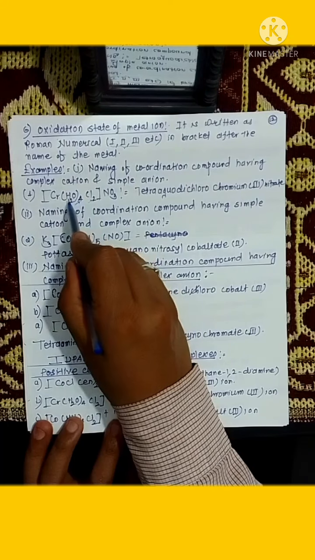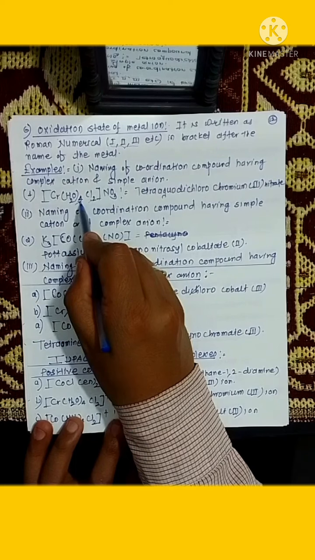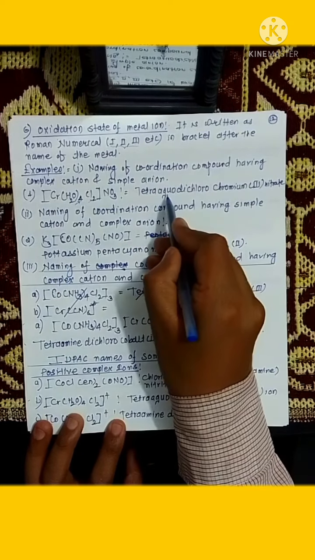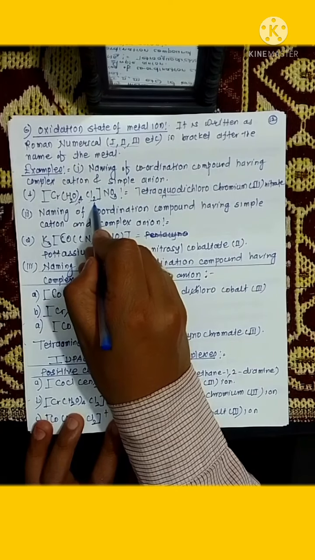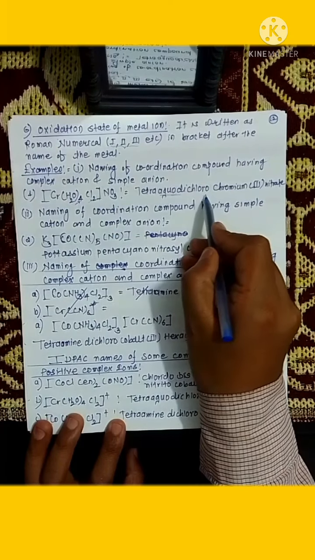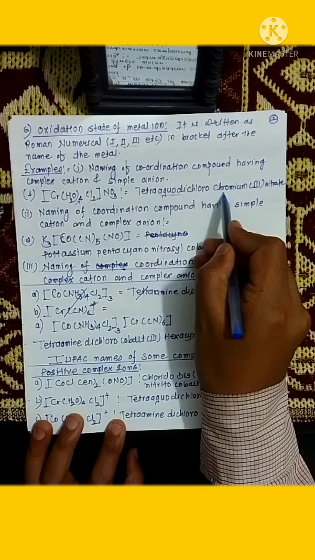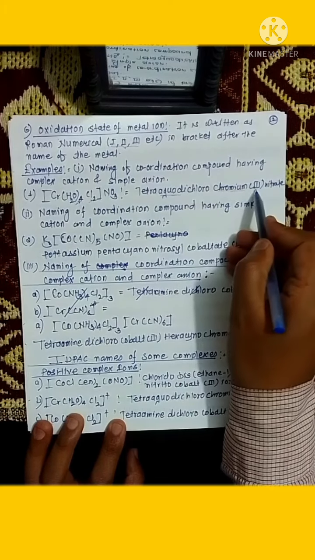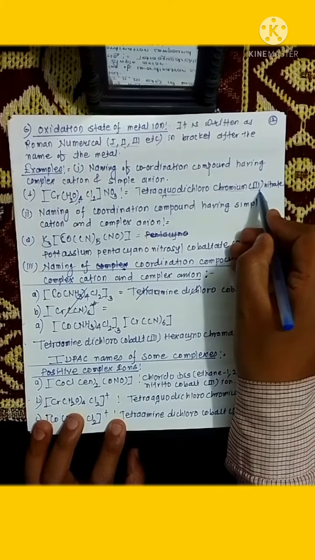So according to the rule, alphabetical order is followed. That's why this complex name is written as tetraaqua, then dichlorido, because it contains 2 chlorines, then chromium. In this complex, chromium is present in the 3 oxidation state.